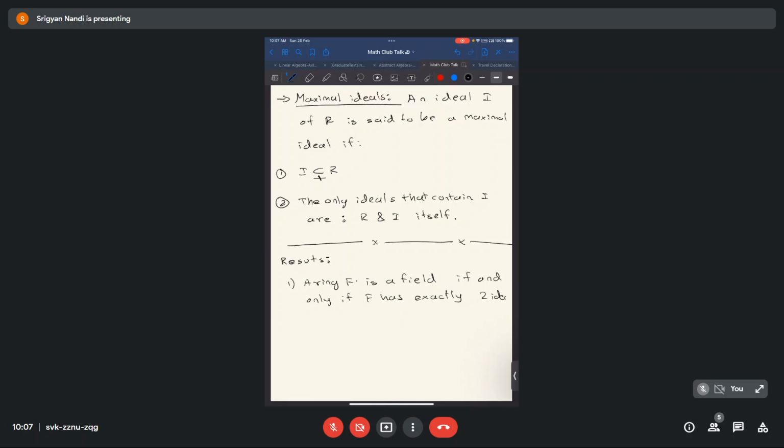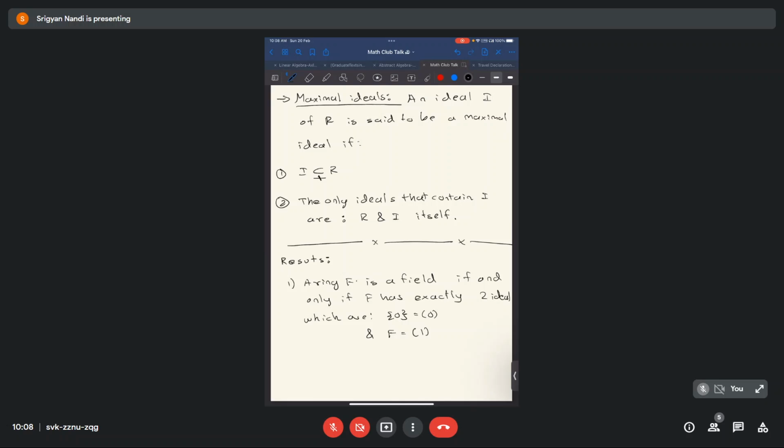two ideals: the zero ideal, which is the ideal generated by zero, and all of F, which is the ideal generated by one, since all of F is every element of F multiplied by one. So these two have to be the only ideals.